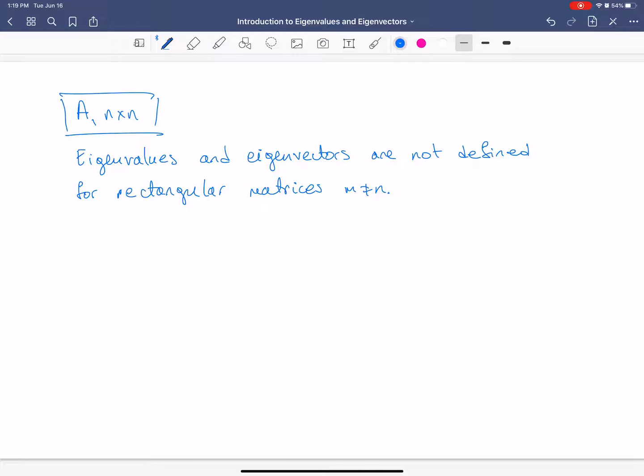Now, in the first part of the course, so up until this point perhaps, the central problem that we were looking at was the problem of Ax equals b. So we were looking for vectors x that would satisfy this equation.